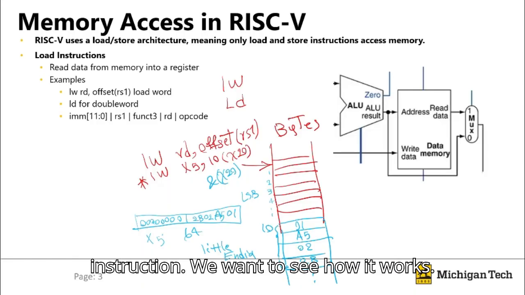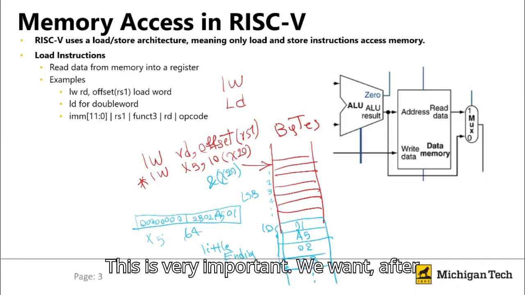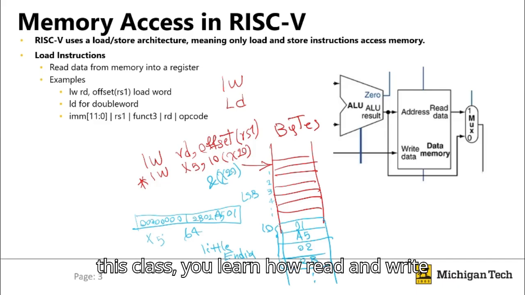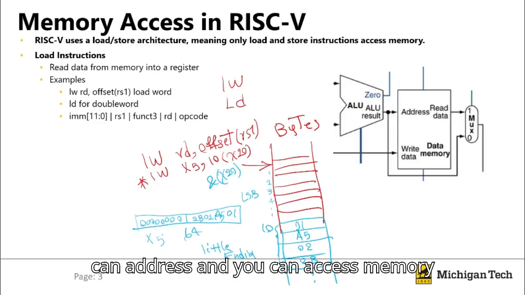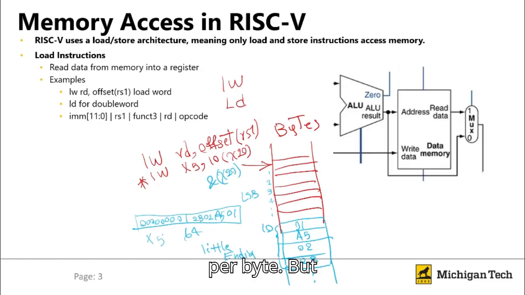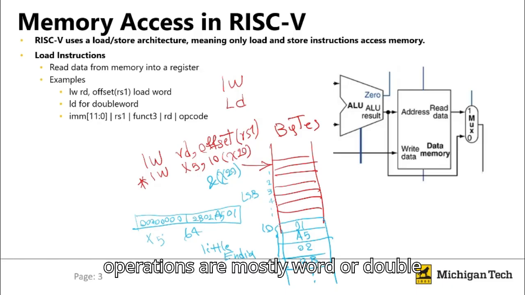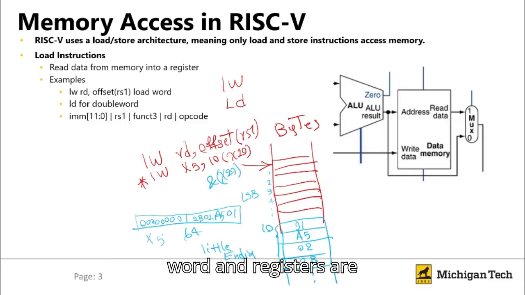So we have this instruction, and we want to see how it works. This is very important. After this class, you should learn how to read and write in memory using instructions. The complex part is that you can address and access memory per byte. But operations are mostly word or double word, and registers are 64 bits.